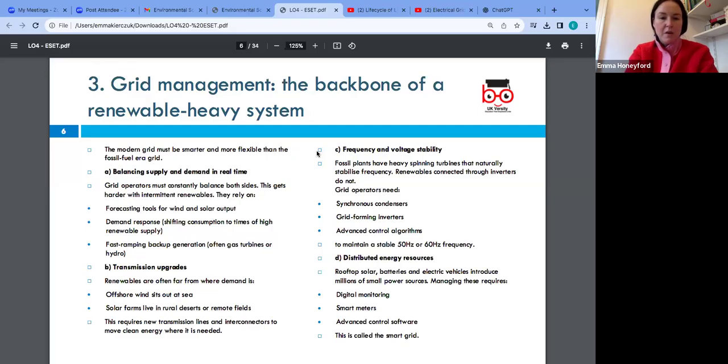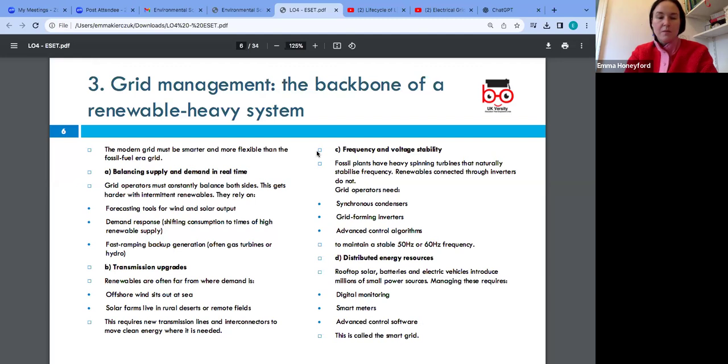Transmission upgrades. Renewables are often far from where the demand is. For example, if we were to rely on tidal energy from southern England, you'd have the problem of transferring the energy up north to Manchester.